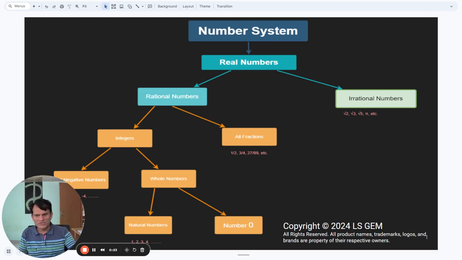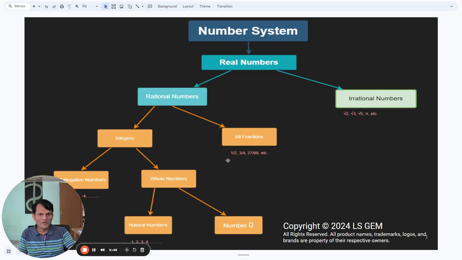So, as you can see here, when we talk about number systems, we will start from natural numbers. Natural numbers are all the numbers like 1, 2, 3, 4, which we use for counting. Once you add the number 0, it becomes whole numbers. And once you add all the negative numbers to this, like minus 1, minus 2, minus 3, minus 4, that becomes integers.